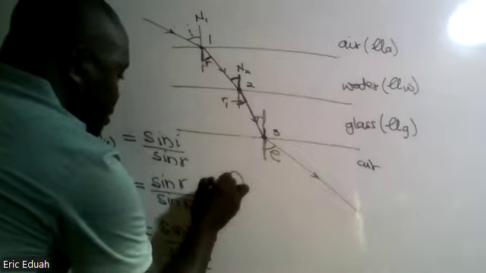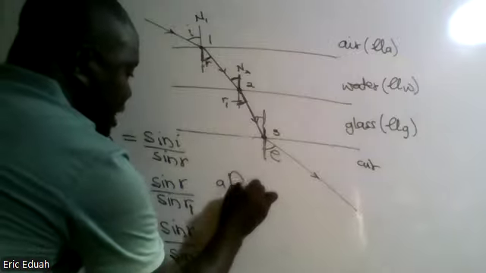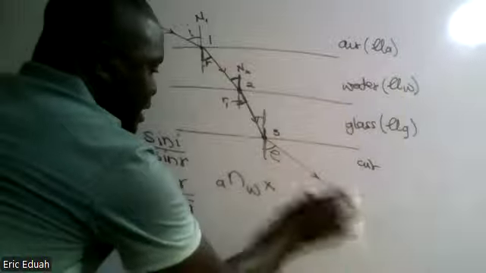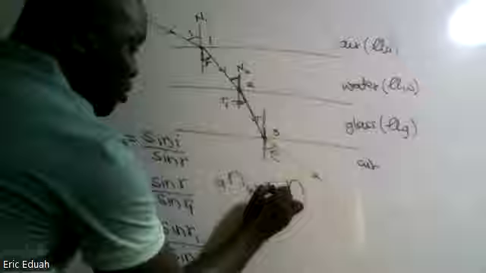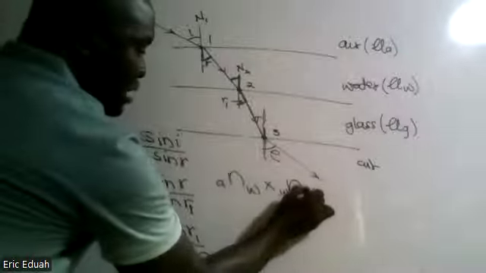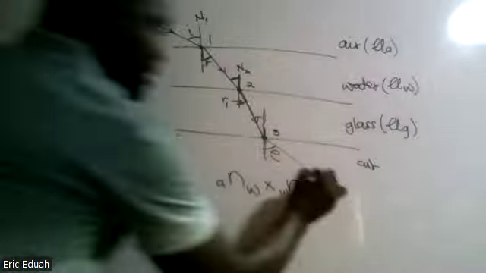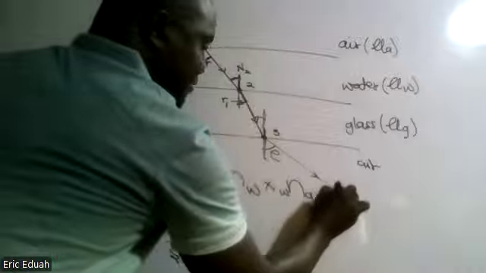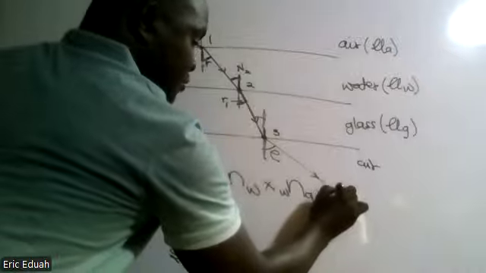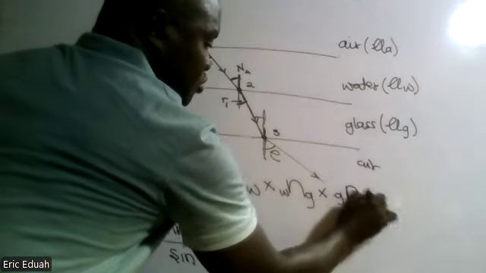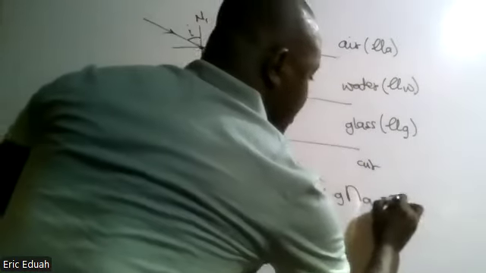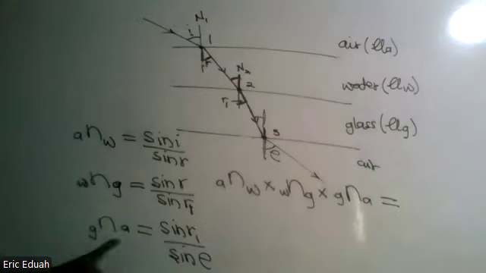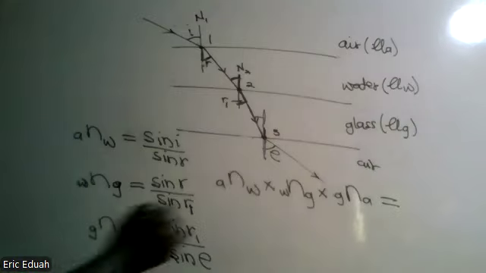So, refractive index from air to water times refractive index from water to glass times the refractive index from glass to air. We are looking for the product of all the refractive indices.